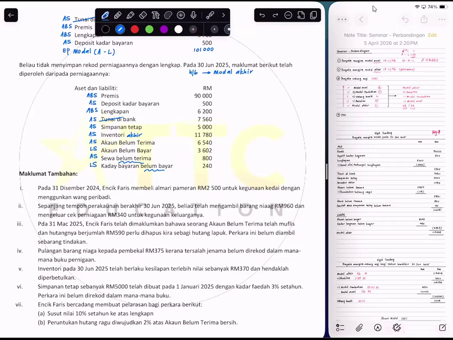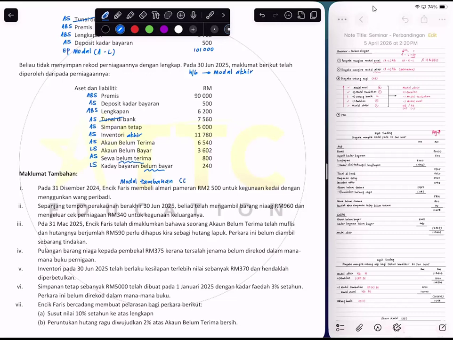But is it possible for companies to simply take personal money from the boss to use it? No, right? The company can only use the boss' personal money when the boss brings in the money first. So what's the account? Yes, modal, and we call that modal tambahan. And the classification of modal tambahan is EP, right?